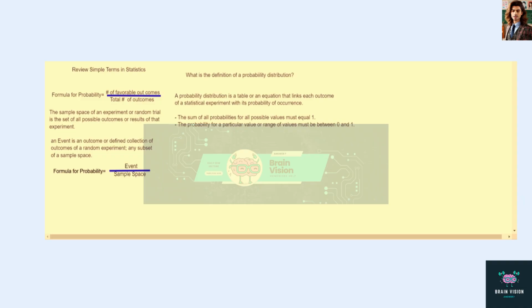So now for an example. We're going to be going over an unbiased or unweighted coin toss, and we're going to be tossing our coin 2 times. So, 2 tosses.